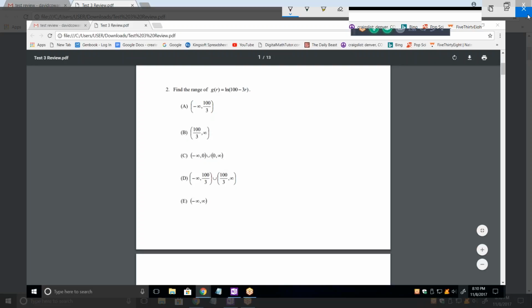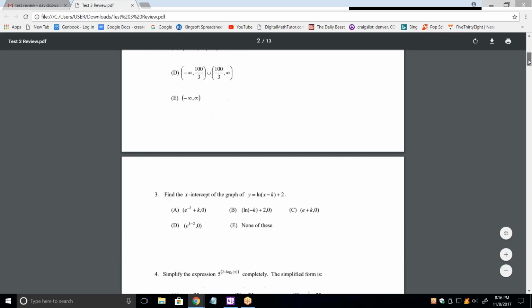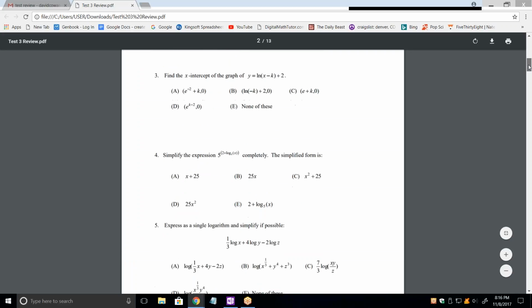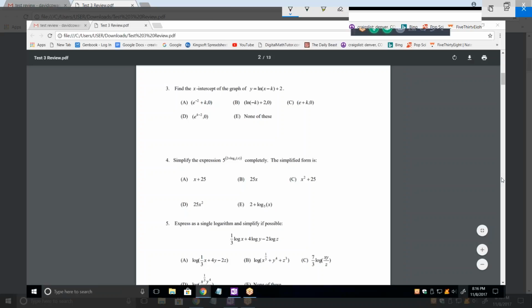All right, let's scroll down and look at the next one here. When you solve for the x-intercept, how do you do it?